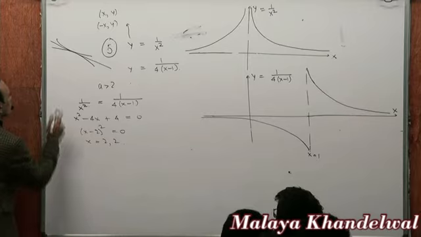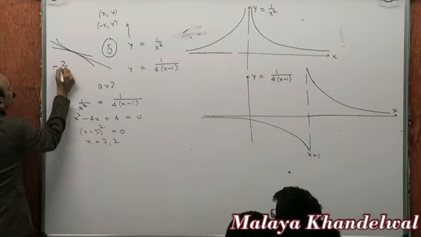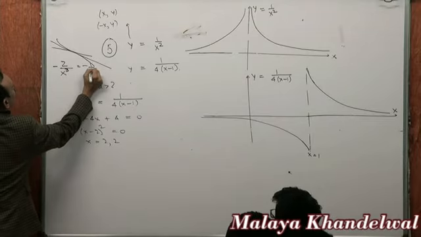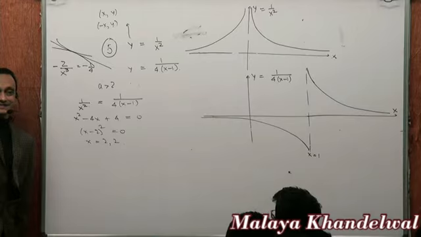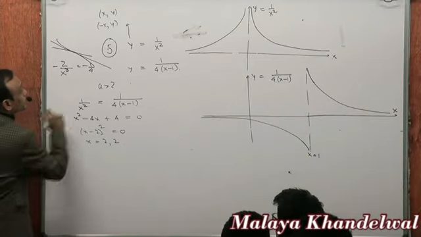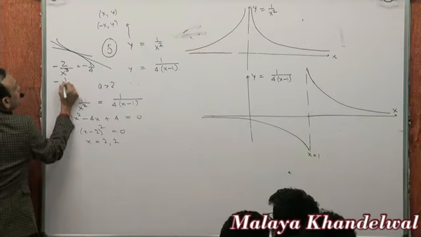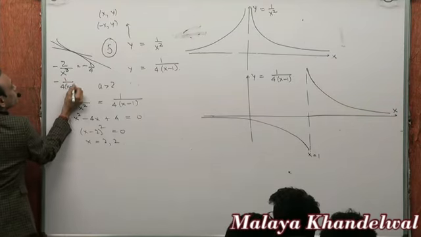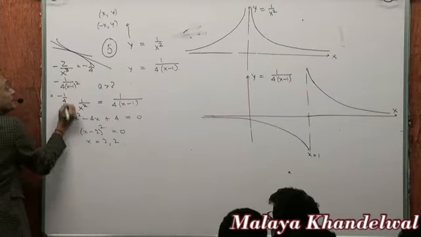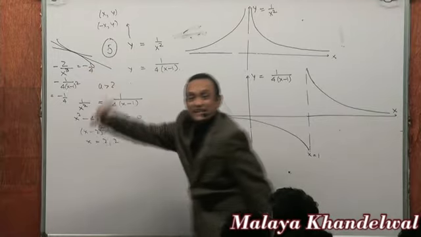Let's check that out. What is the dy/dx for one? Minus 2 by x cube. At x equal to 2, minus 1 by 4 for one curve, right? Slope of the tangent for one curve at x equal to 2. For the other one, minus 1 by 4 into (x minus 1) whole square. At x equal to 2, it's minus 1 by 4. Do you realize? At x equal to 2, they have a tangent of the same slope.